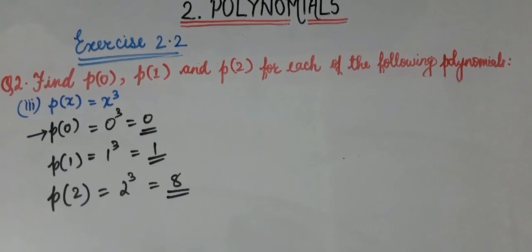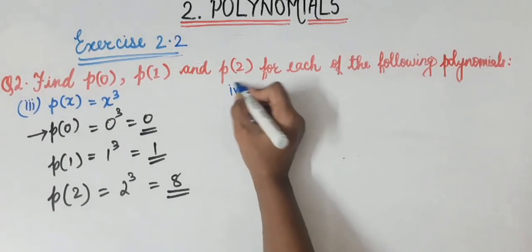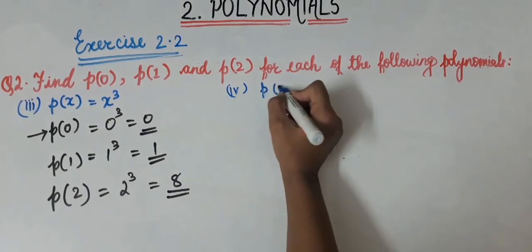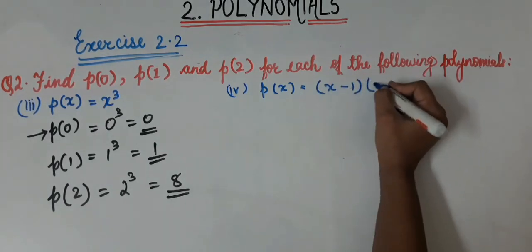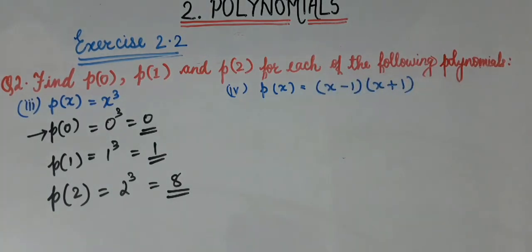I think very easy. Now let us see the last sub question of this 4. P of x is equal to x minus 1, x plus 1. Okay? Now solve for it.